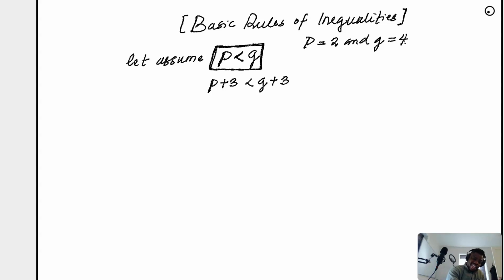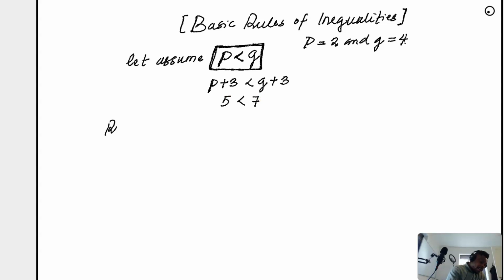That is what we want to check now. So now, what is P? P is 2, right? So 2 plus 3, that will be 5, less than. What is Q? 4. 4 plus 3, that will be 7. So 5 is less than 7, which simply means the statement is still true.